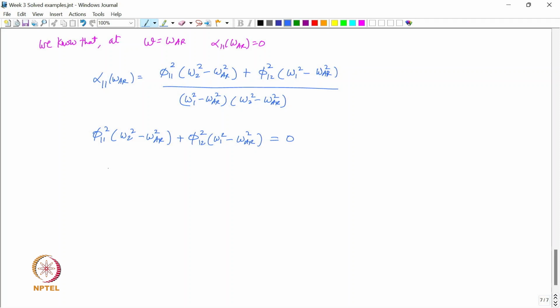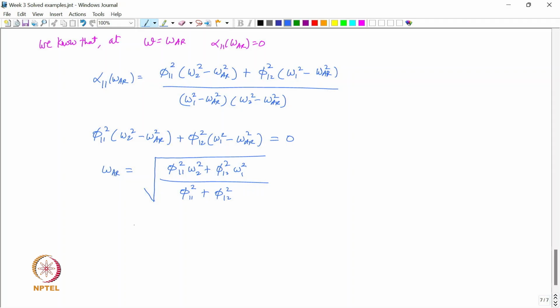So, if you now simplify this, we can solve for omega ar square, and that we can then write as (phi 1 1 square omega 2 square plus phi 1 2 square omega 1 square) divided by (phi 1 1 square plus phi 1 2 square), correct.